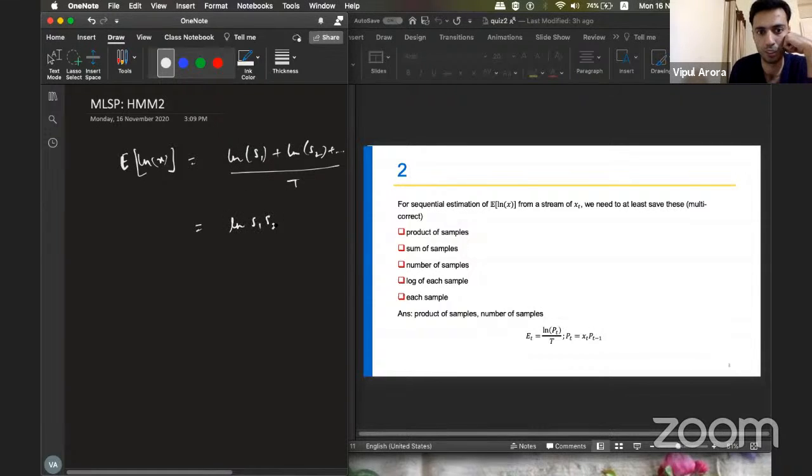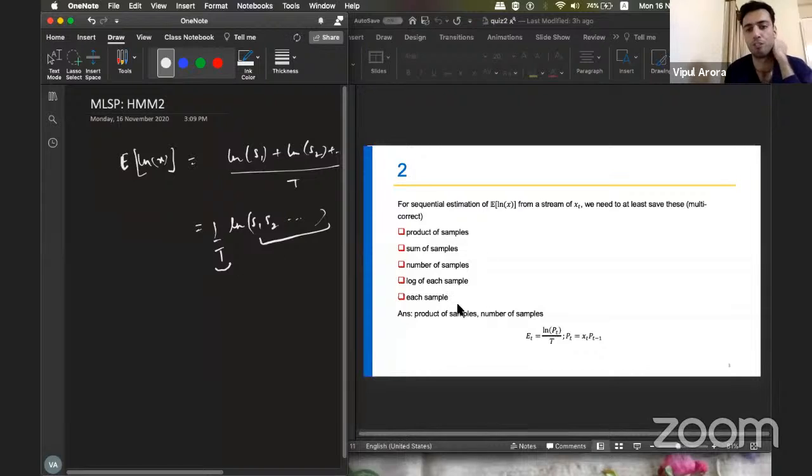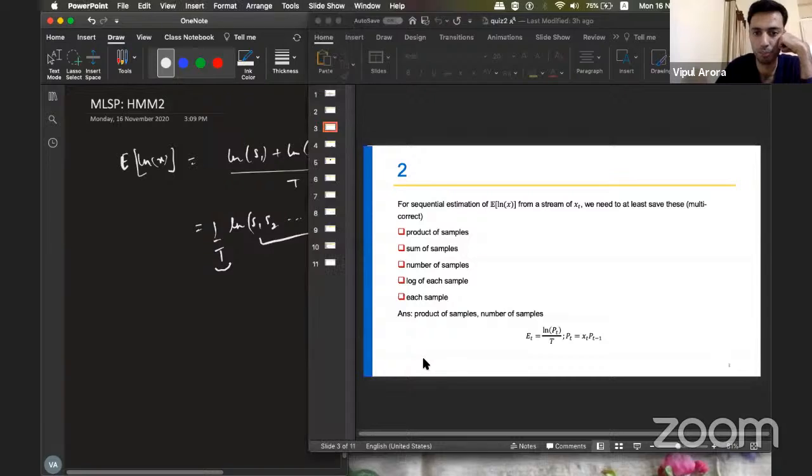It's ln of S1 times S2 times, and so on up to S_T, divided by capital T. So basically you want to save the product of all these numbers: the product till S_T, divided by the number of samples. So it is the product of samples and the number of samples.